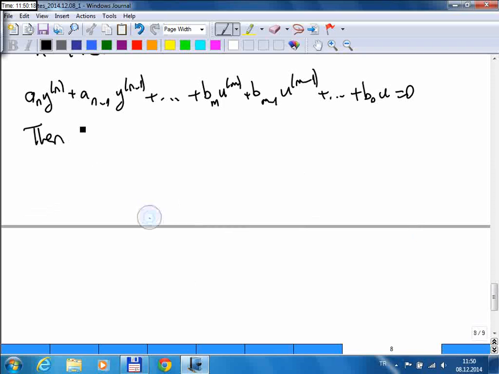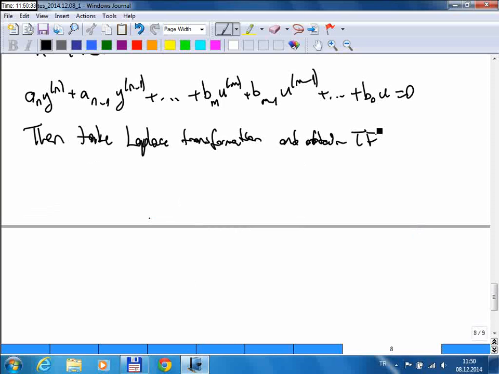And then from here, we can analyze the system more easily.